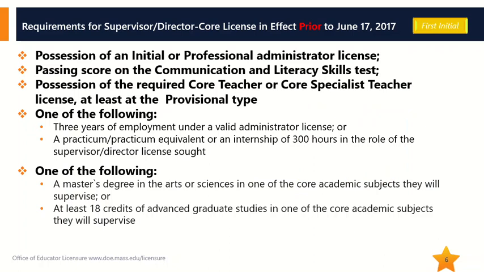In addition, a master's degree in the core academic subject of the prerequisite license, or at least 18 graduate credits in the core academic subject of the prerequisite license is required. As a reminder, applicants must apply and satisfy all these requirements prior to July 1st, 2019.